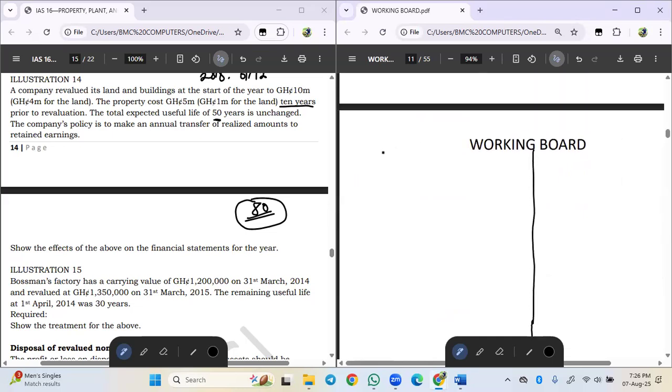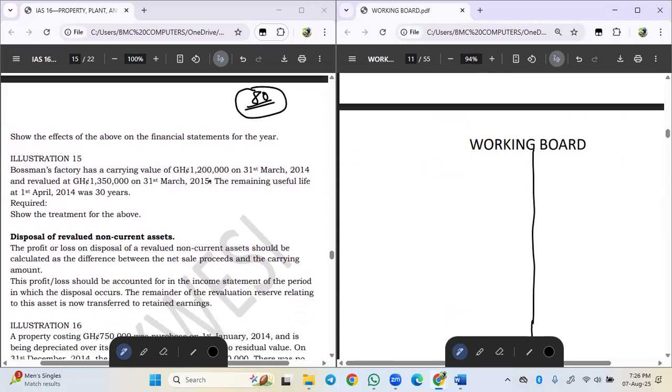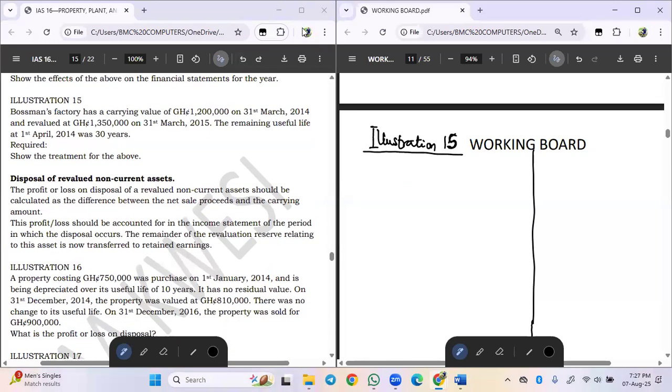Okay, so illustration 15. Please, someone should read for me. Illustration 15.